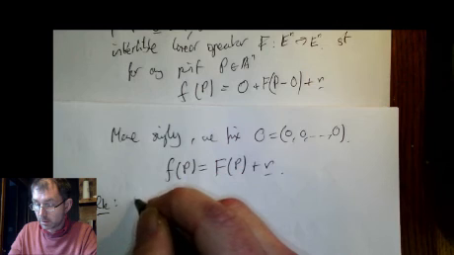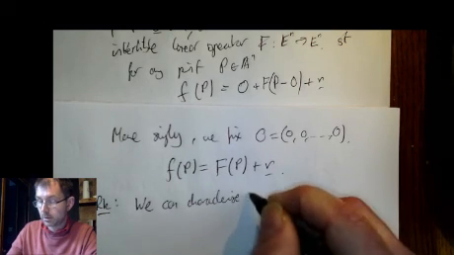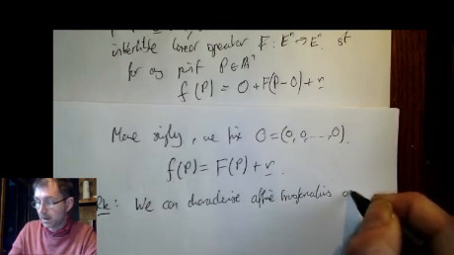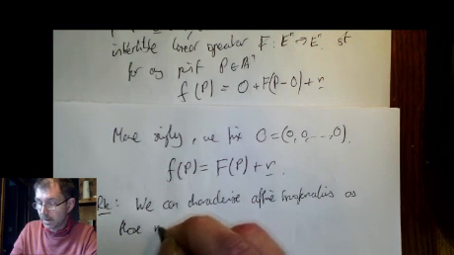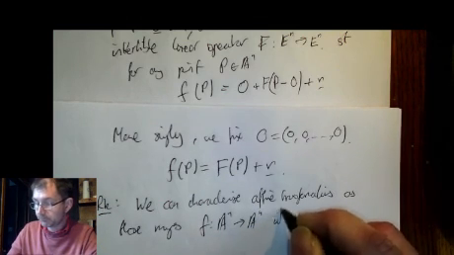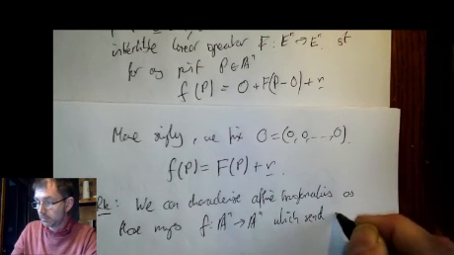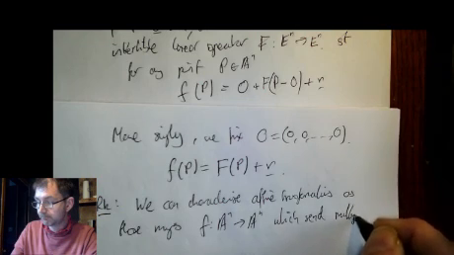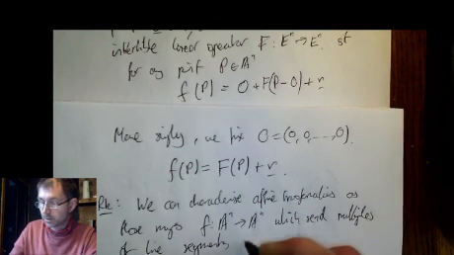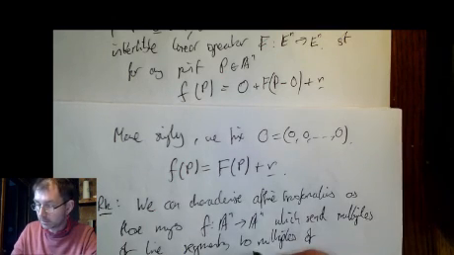So we can characterize affine transformations as those maps F taking A^n to A^n which send multiples of line segments to the same multiples of line segments.